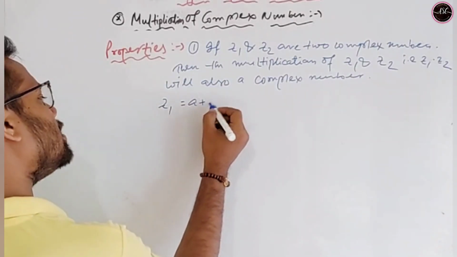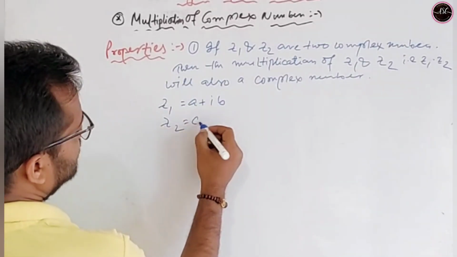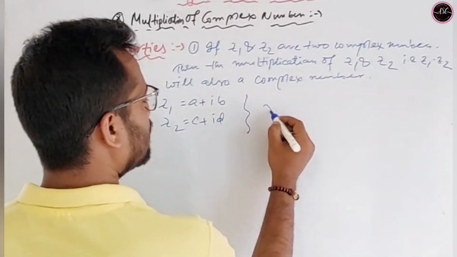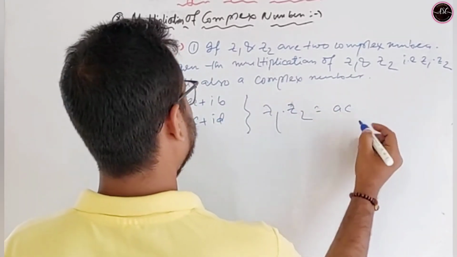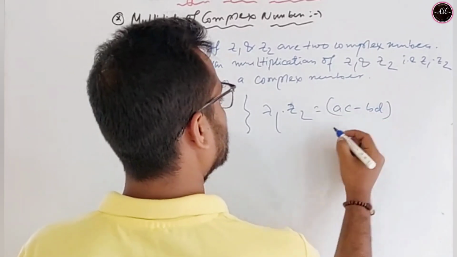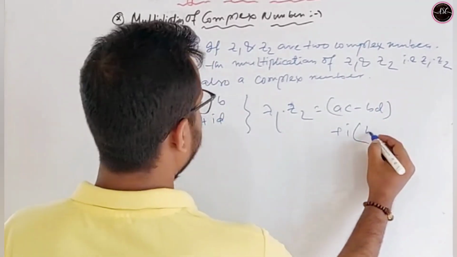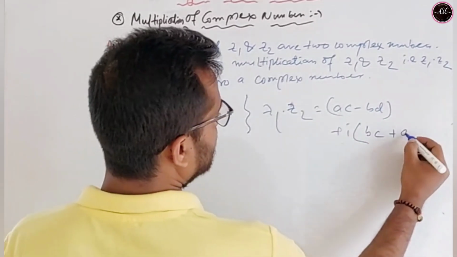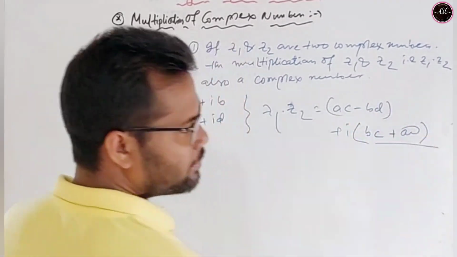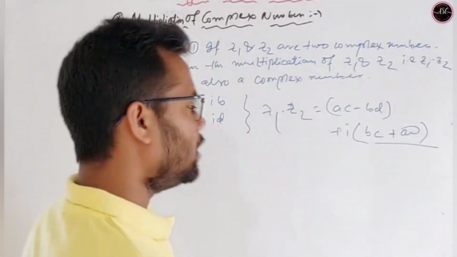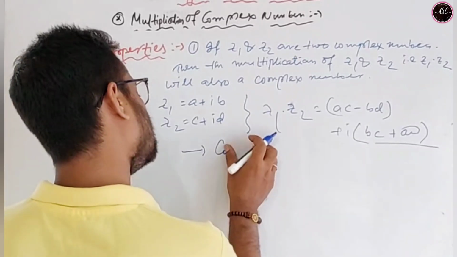Let Z1 equal A plus IB and Z2 equal C plus ID. So we get Z1 dot Z2 equal to AC minus BD plus I of BC plus AD. Okay, this is the real part and this is the imaginary part. So this is also a complex number. This law is called closure law.